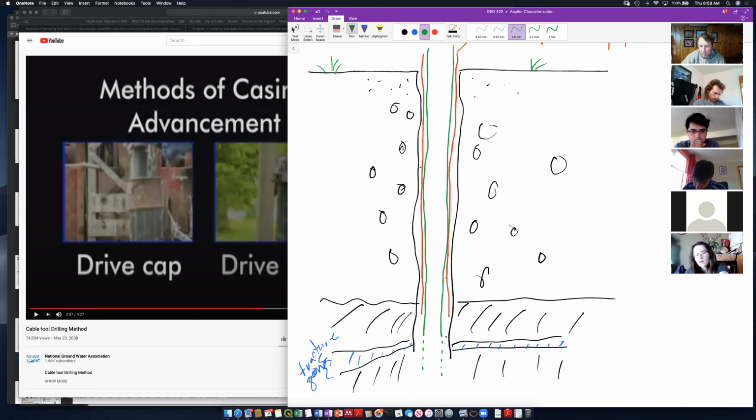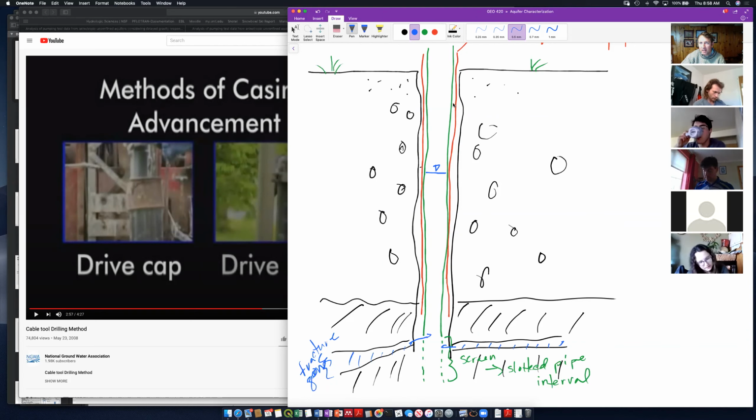This is my screen, and this is our slotted pipe. It is an interval of slotted pipe, and it allows water to come in through those slots, all right? So that the water inside our pipe here is coming in only from our screened section.